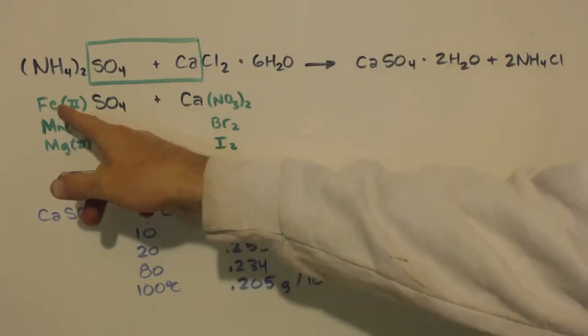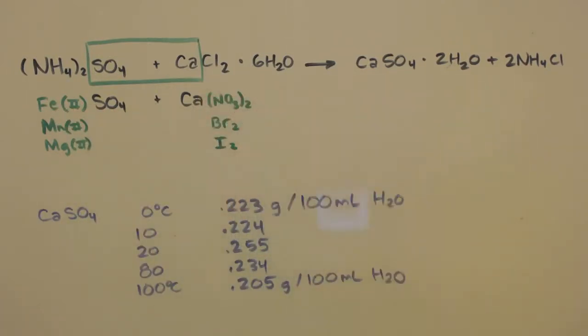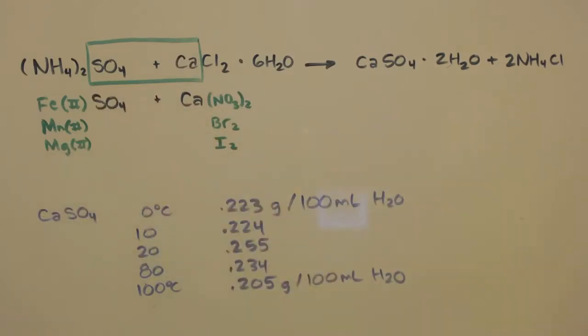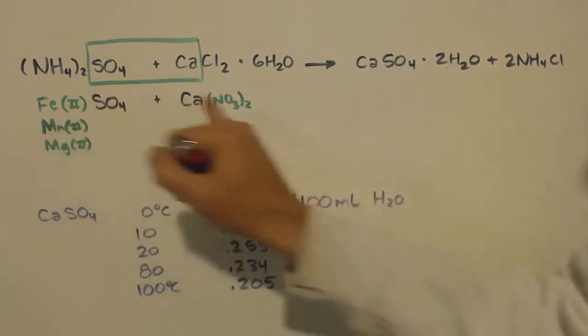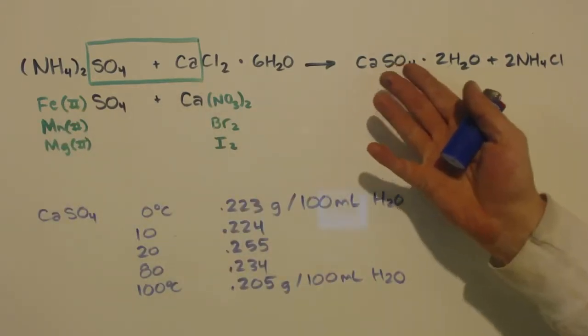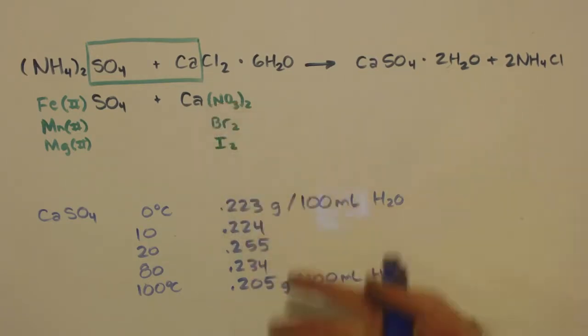Let's say I used iron(II) sulfate and calcium nitrate. Now, remember, this calcium sulfate is going to precipitate out. What are you left with in solution? Iron nitrate. Then you can filter out the calcium sulfate, and let the water evaporate naturally so that it forms the crystals nicely, and then filter them out.